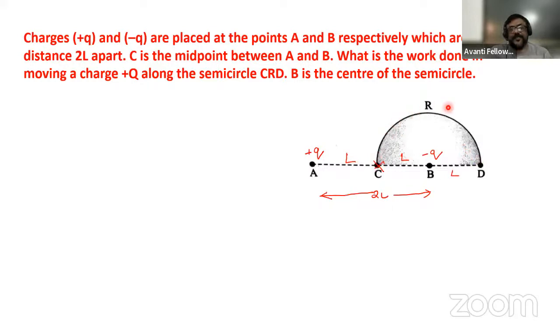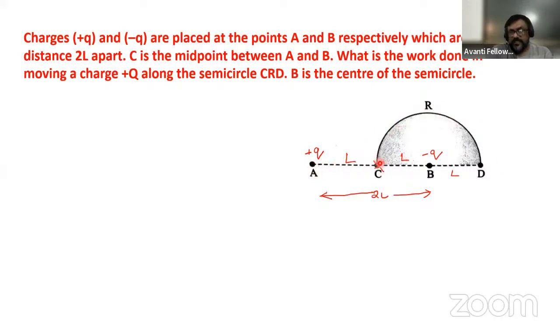Don't think that this is an equipotential surface. Why? Because there is a charge negative Q here and a charge positive Q here. Even though the distance between all the points on the arc and B remains the same, the positive Q at A is at a different distance from different points on this arc.